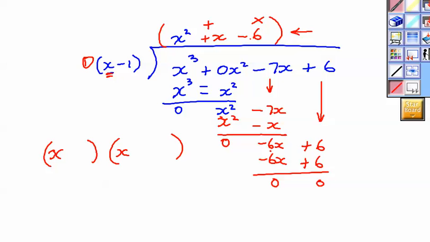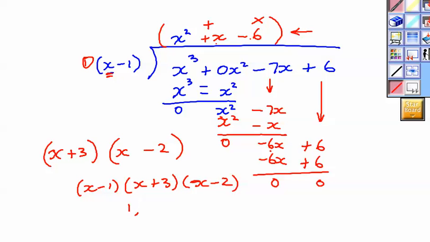Well, in this case, the addition route is the best one to follow. It would have to be plus 3 minus 2. 3 take away 2 is 1, and 3 times minus 2 will give us minus 6. Therefore, our solutions will be x minus 1, x plus 3, x minus 2. So the solutions are 1, minus 3, and 2.